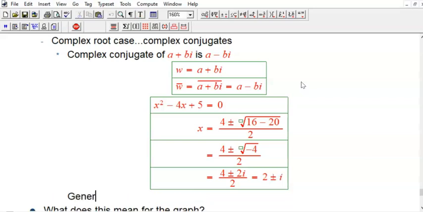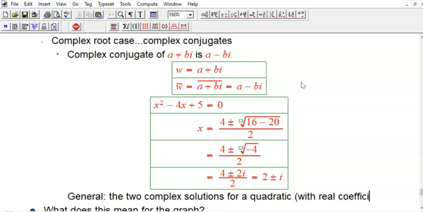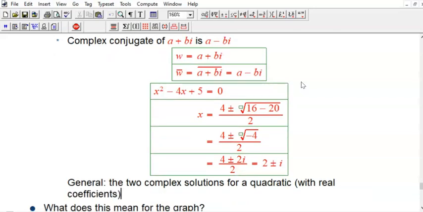And so this is a general fact. The two complex solutions for a quadratic, when they are complex, and that's if you start out with real coefficients. You can define complex quadratic polynomials and any polynomials with complex coefficients, but we really don't go there at this level.